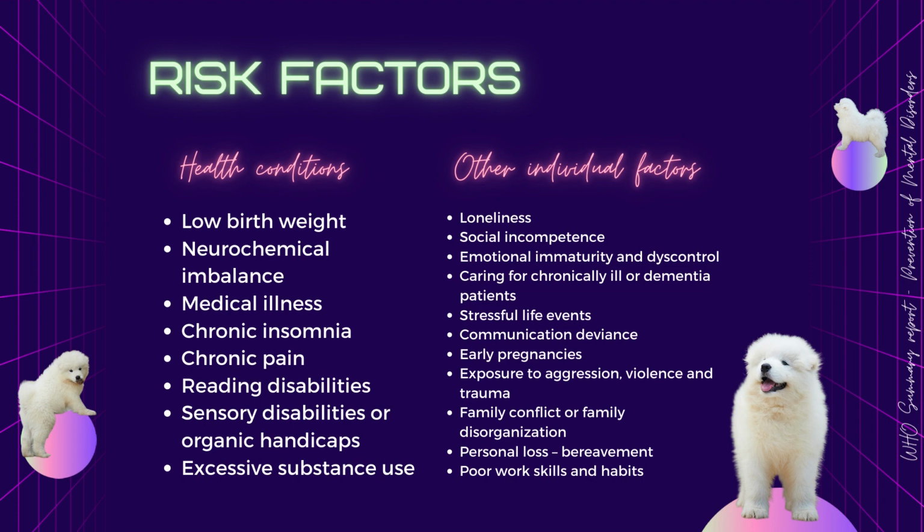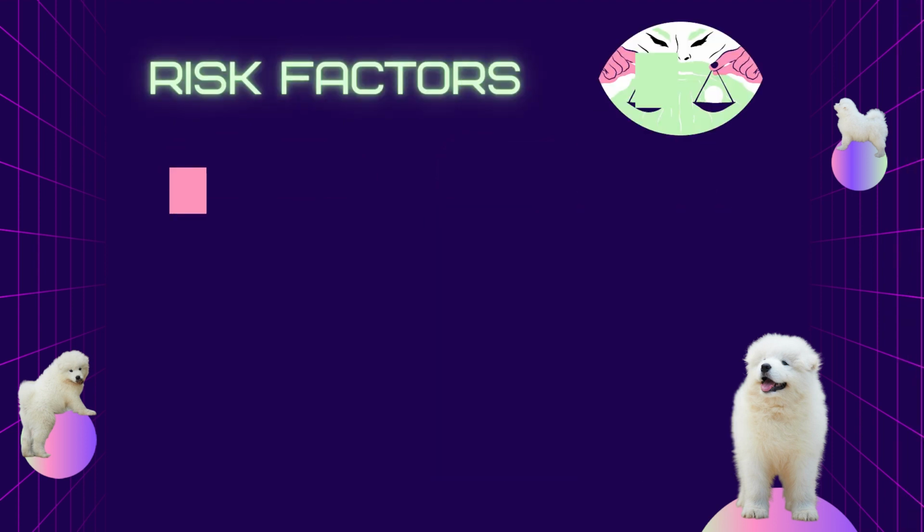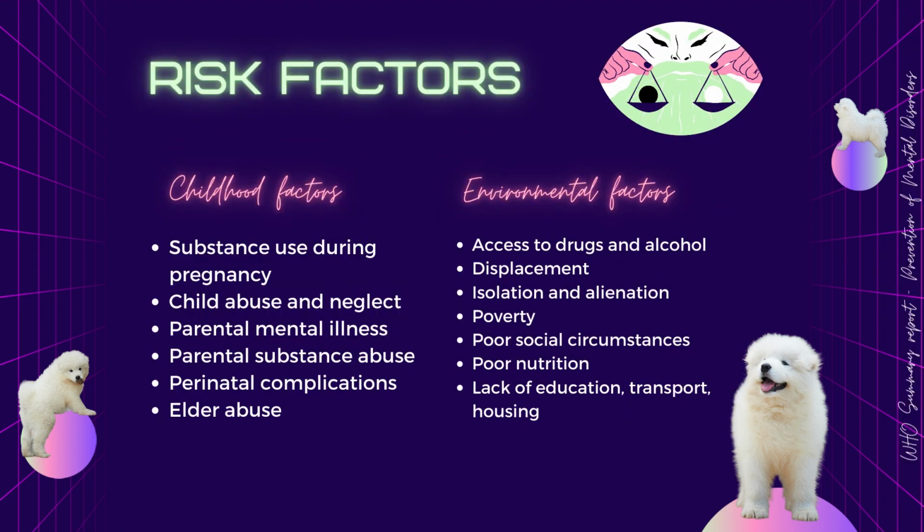The next one is other individual factors. Here we put the individual experiences of the person, such as personal loss, family conflict, trauma, early pregnancies, communication deviances, stressful life events, etc. The next 2 groups are childhood factors and environmental factors.